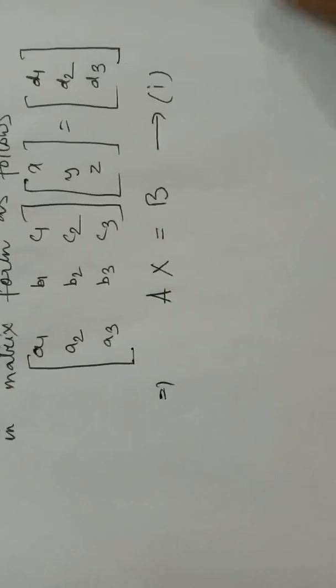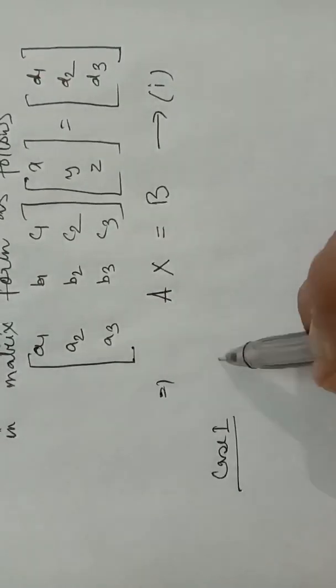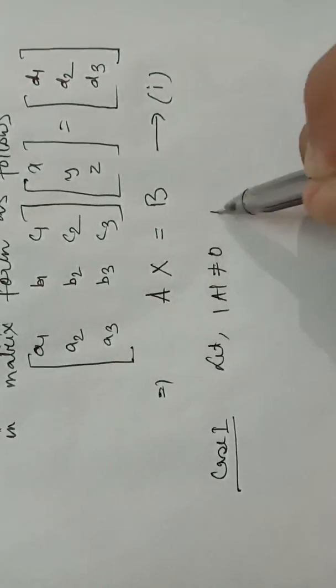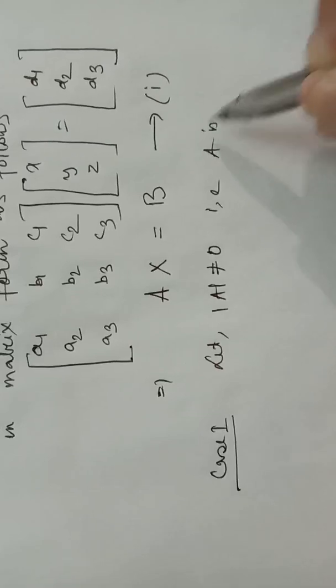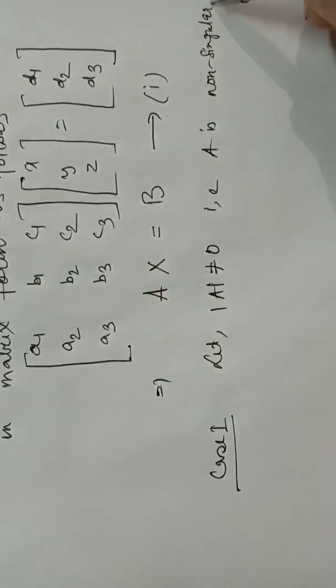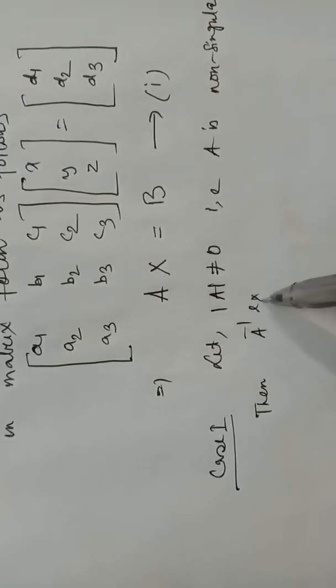Now, case 1. Let det A not equal to 0, that is, A is non-singular. We know if A is non-singular, then A inverse exists.